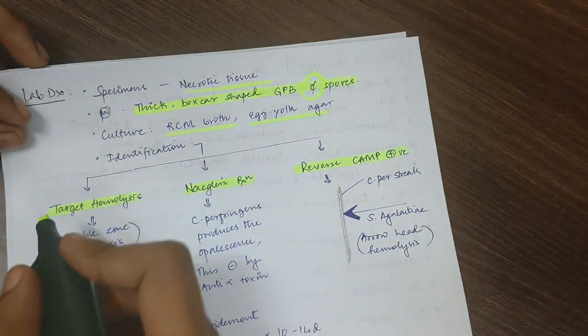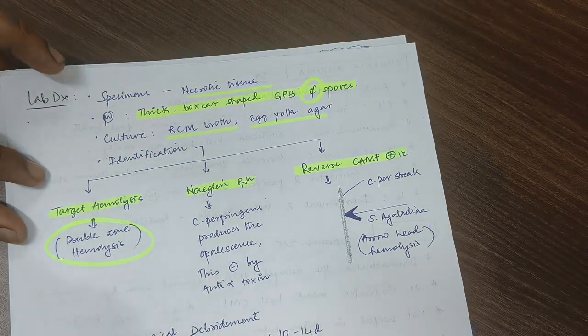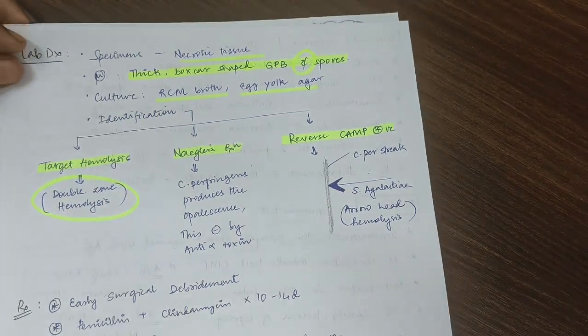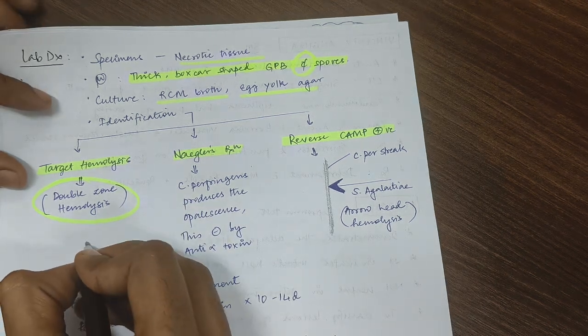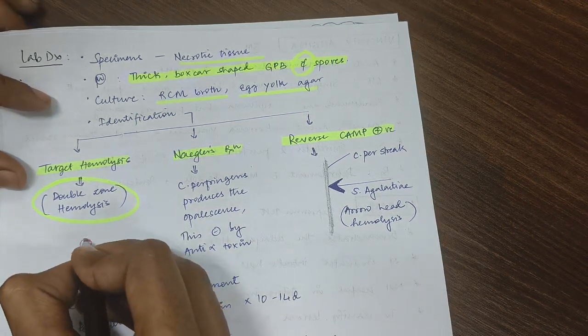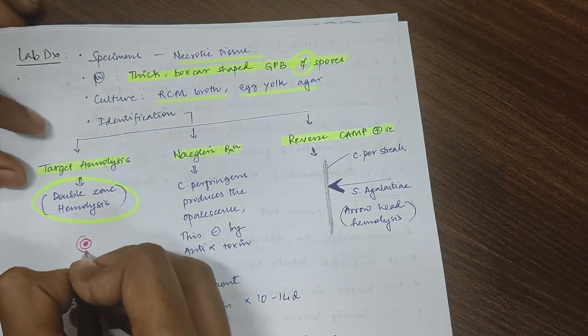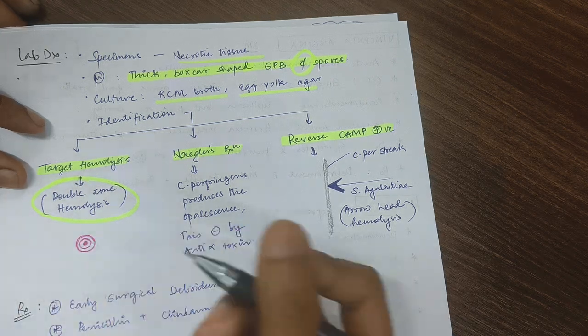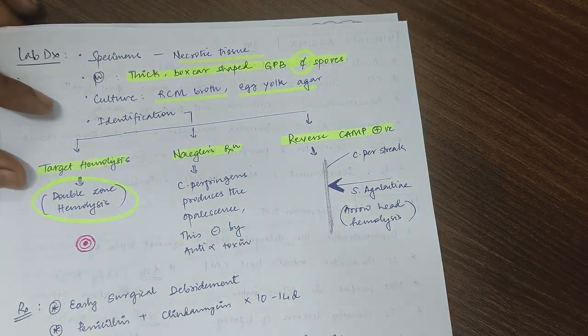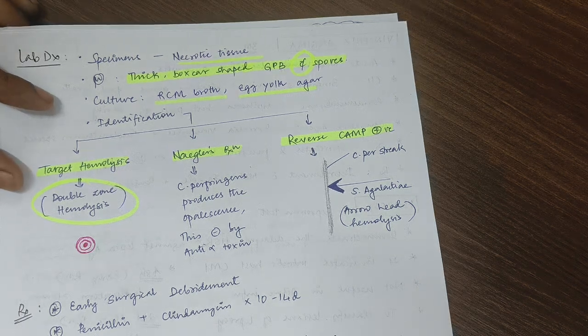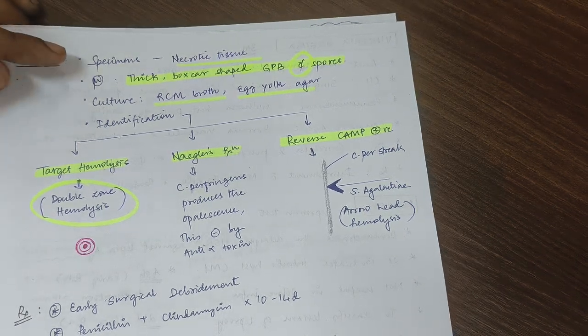So basically here you are going to see the double zone hemolysis. If suppose this is one hemolysis, and again another hemolysis is seen, that is called target hemolysis. Nagler's reaction I am going to explain in detail in the near future.